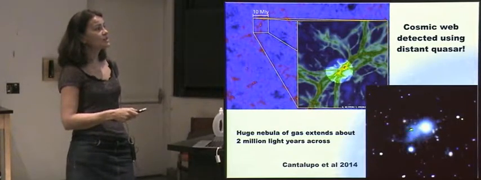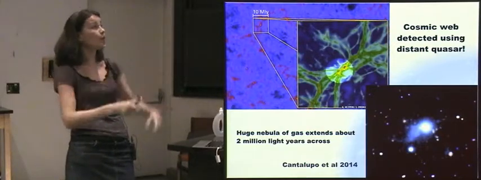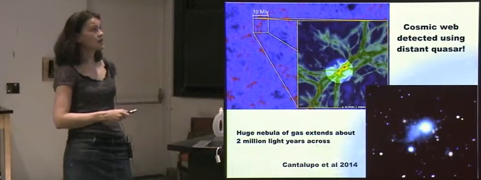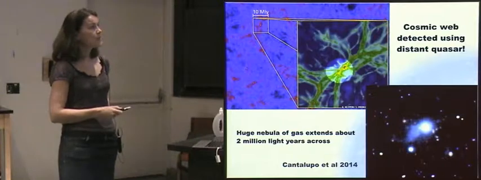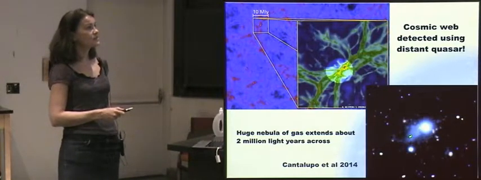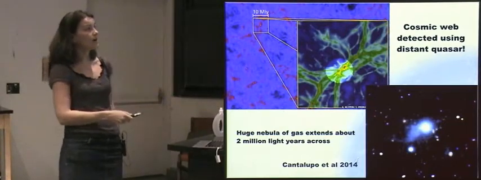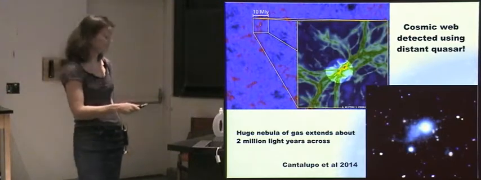Even though in this picture it looks very small, this is a huge tendril, a huge filament of cold gas. And it stretches for about 2 million light years across. So this is the largest filament that we have detected to date. And this agrees with our theory of galaxy formation that these long tendrils are tracing out the dark matter. So these are our way of identifying these filaments of dark matter.